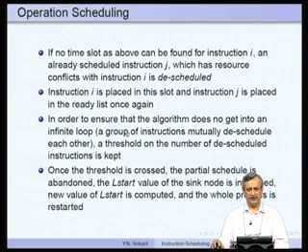Now, this may lead to a problem. I may actually place an instruction and then when you pick another instruction, my instruction may go out, and next time I kick the instruction which kicked me. So, we want to make sure that this does not get into a loop, right. So, to make sure that the algorithm does not get into an infinite loop, a group of instructions mutually descheduling each other, we place a threshold on the number of descheduled instructions.